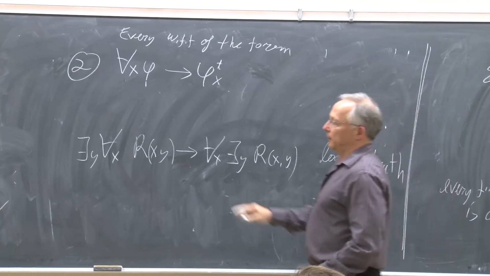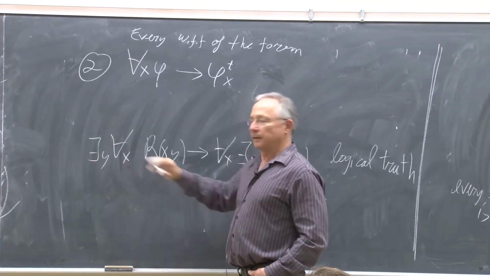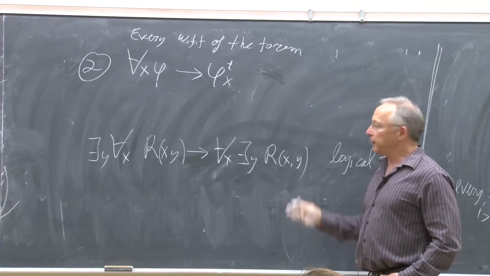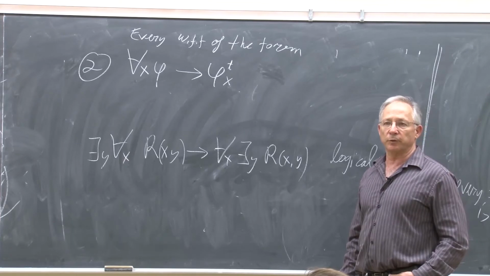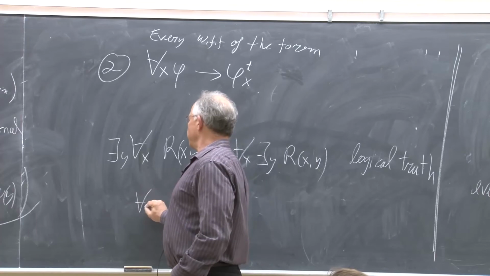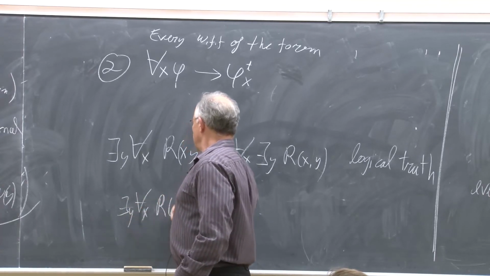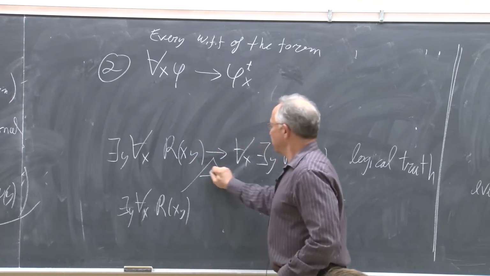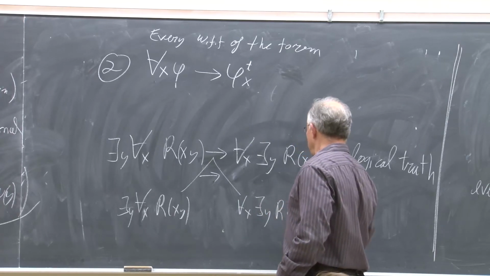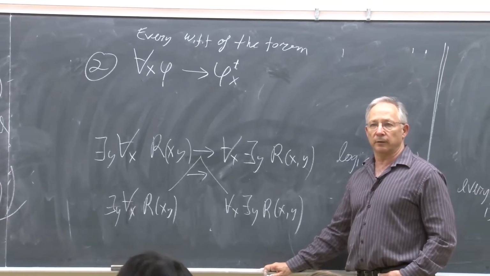We know that if there is someone that everybody likes, then everybody has someone that they like. But what happens if I try to break it down, just parse it to propositional variables? It breaks here: there exists a y such that for every x R(x,y). Here I get for every x there exists a y such that R(x,y). And I cannot break it any further by just using propositional connectives.